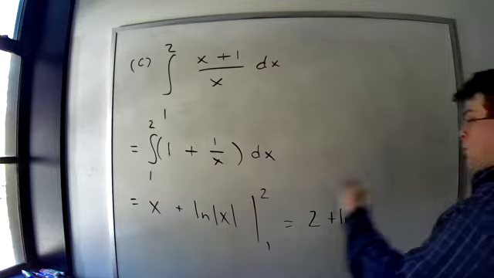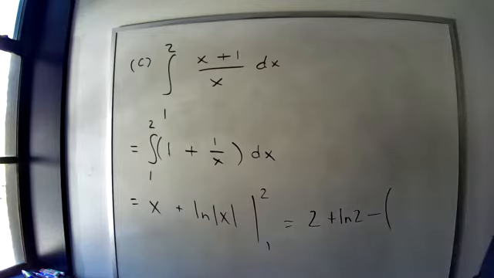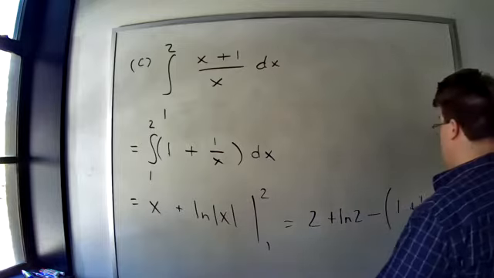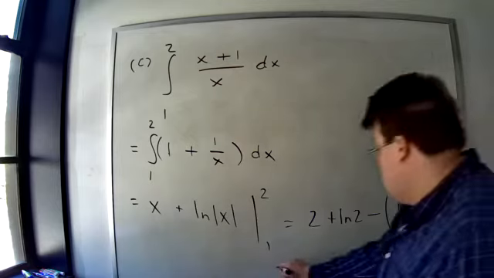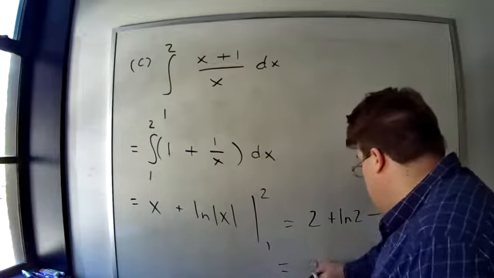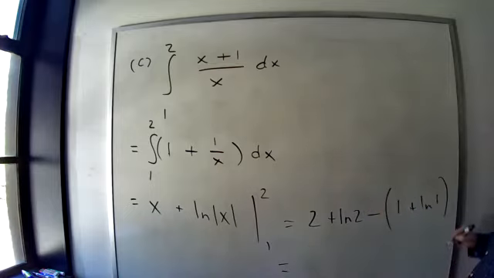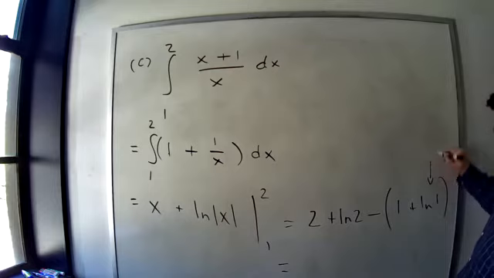What happens when we evaluate at 1? Well, we're subtracting 1 plus the natural log of 1. The natural log of 1, what is it? Well, e to the 0 power is 1.